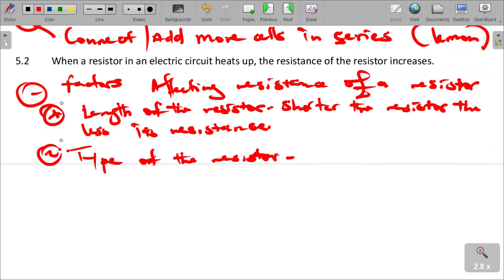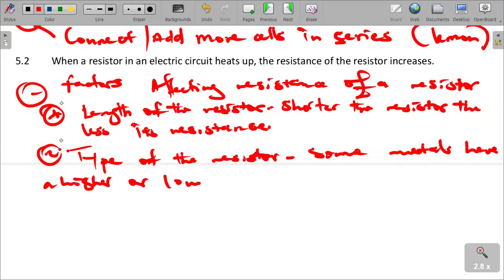So you need to know that also: some metals do have a higher or lower resistance than others. That is it. Number two, we say the type of the resistor.